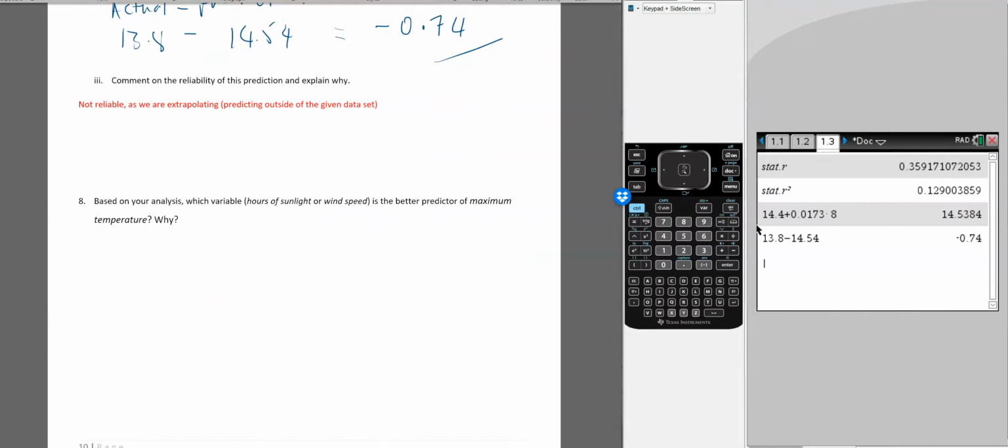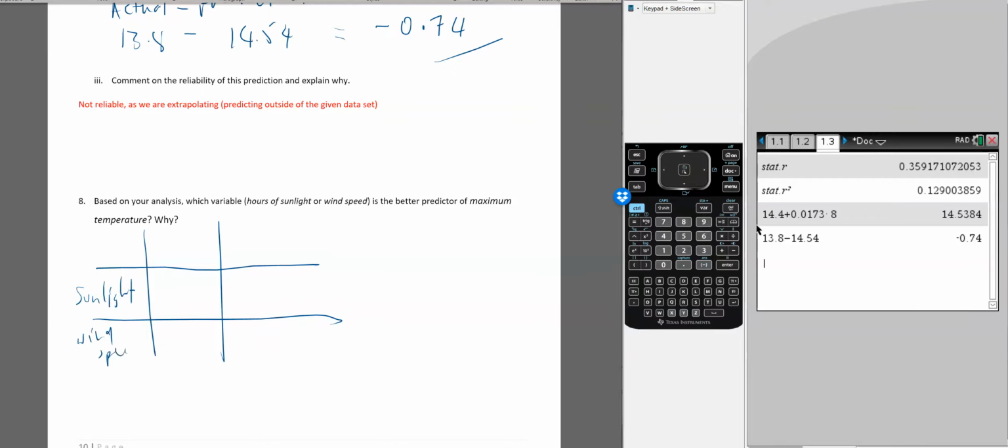Okay. We're on to the last question. It says, based on the analysis, which variable, hours of sunlight or wind speed, is a better predictor of maximum temperature and why? So if we find the actual R squared values and R values, we find the following. So this is sunlight, and this is wind speed. We can calculate the R and the R squared values.